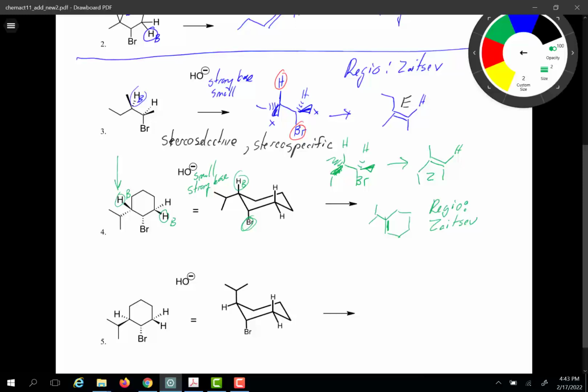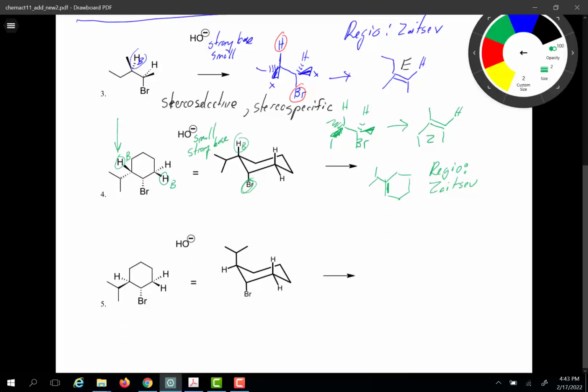If we look at our next example, we have the same small strong base. We have a beta hydrogen here, and we have, of course, beta hydrogens on the other side. The beta hydrogens on the other side, on the right-hand side, do include a beta hydrogen that is 180 degrees from the leaving group in an antiperiplanar arrangement. However, the beta hydrogen that's on the left-hand side, you can see is on the same side as the leaving group.